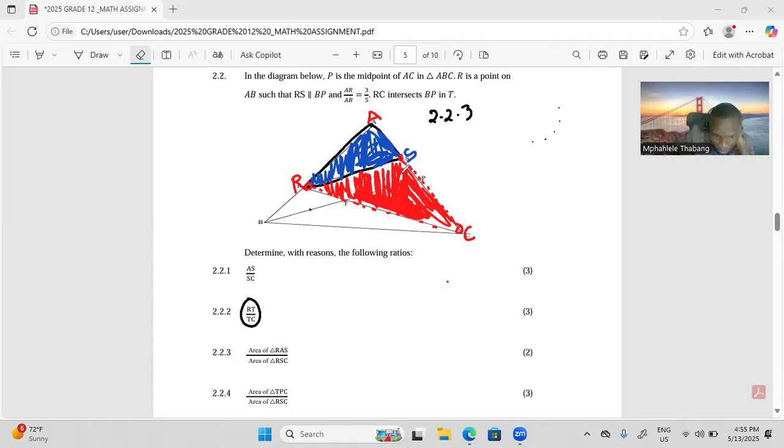Watch out. I'm looking for 2.2.3, which is the area of triangle RAS over RSC.